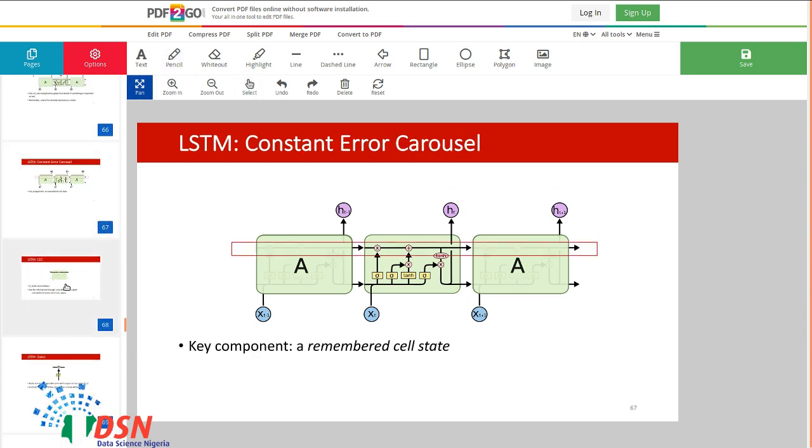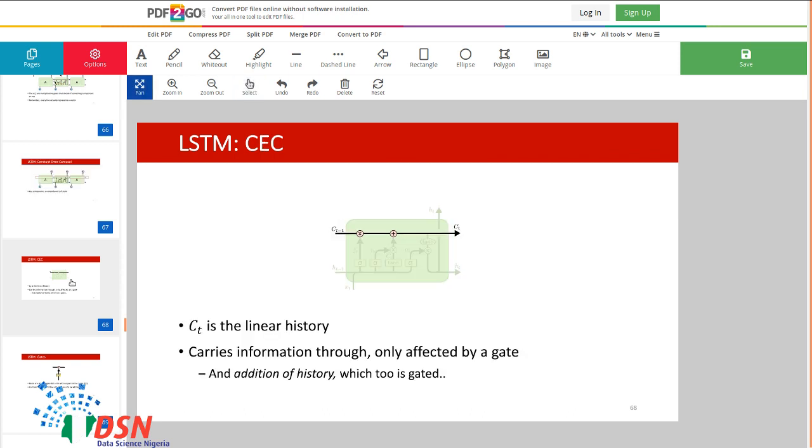Okay, let's see. In here at the top we have a linear history, we call that the cell state. In fact, the information in this line is only affected by gates. So we have this gate in here, and this gate, okay.